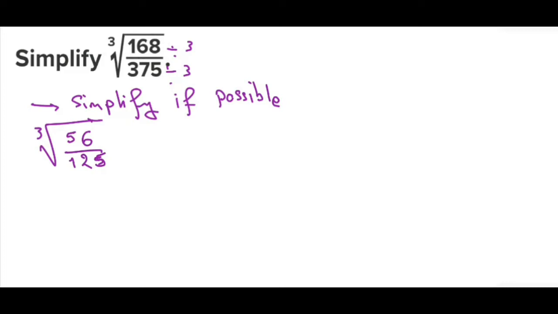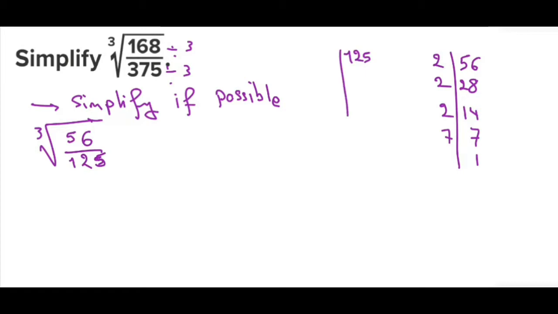Now for 56 and 125, we're going to make the prime factorization of 56, that is 2, 28, divided by 2, 14, divided by 2, 7, divided by 7 is 1. This is for 56. For 125, that will be divided by 5 is 25, divided by 5 is 5, and divided by 5 is 1.